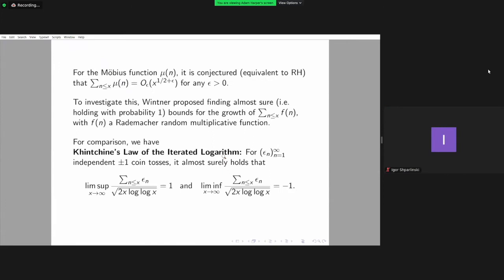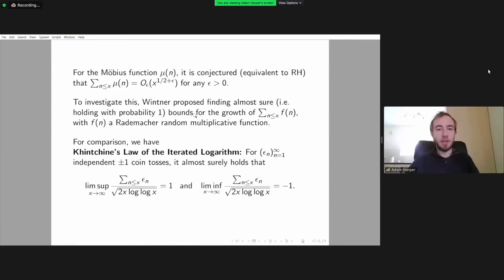Right. So I said earlier that there was a connection between the behavior of partial sums of the Möbius function and small values or zeros of the Riemann zeta function. And this is part of the connection. It's conjectured that the partial sums of mu of n up to x, which in principle could have size about x because it's a sum of about x things that usually have absolute value 1, should be much smaller than that.